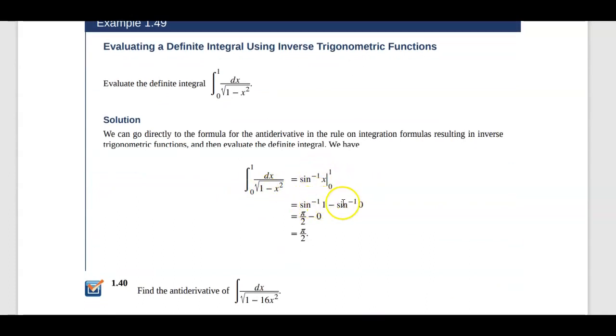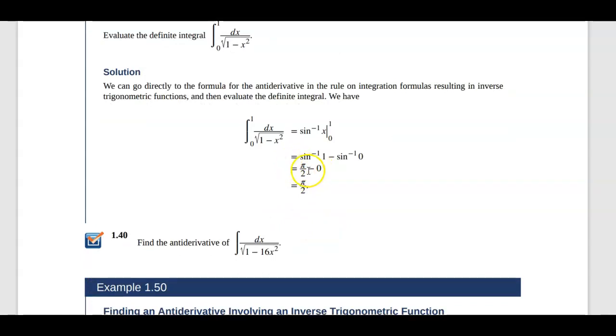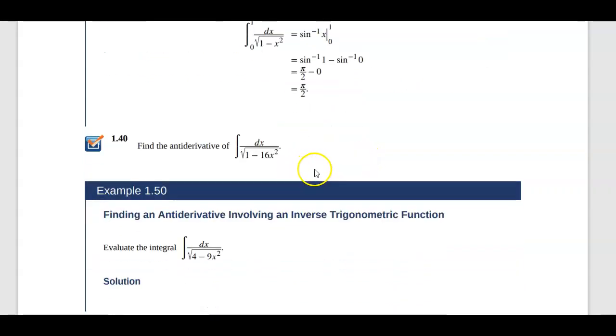And then sine inverse of 1, sine inverse of 0. This might be a place to pull out the unit circle to do these. But there we go, pi over 2. Your calculator will also do these. All right. They have a little checkpoint here, which I'll probably ask you to do.